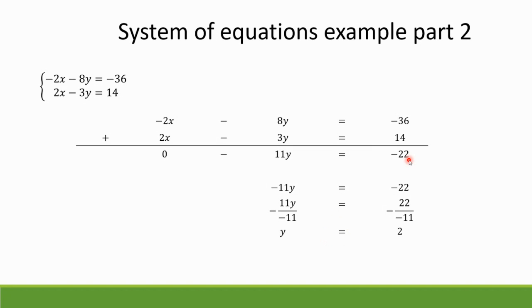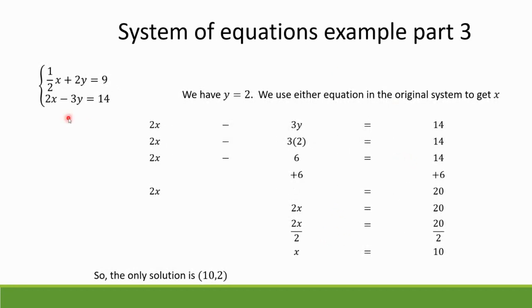We have one variable done. What about the other variable x? Again, we can use either equation in the original system. Because of the fraction here, I'm going to use this one. Since y is 2, we can plug it in, as I'm doing here, and solve for x.